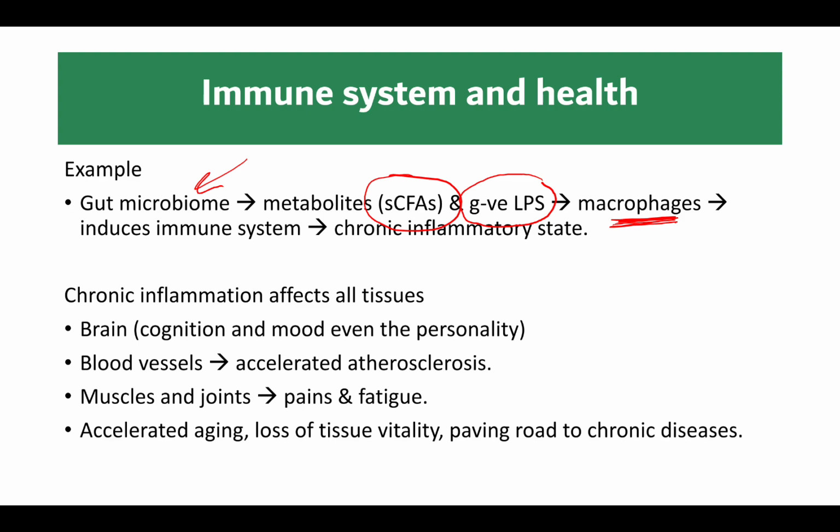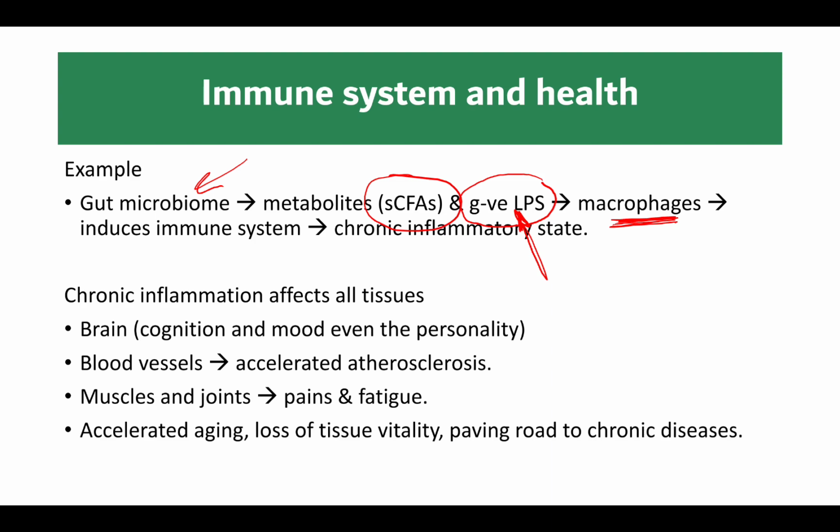This macrophage, if it identifies these lipopolysaccharides, which are part of the microbe, considers it the microbe itself, and it will send chemical messages to the lymphocytes in the blood, telling them to get ready, we are going to fight an infection. And this creates a state of chronic inflammation in the body.